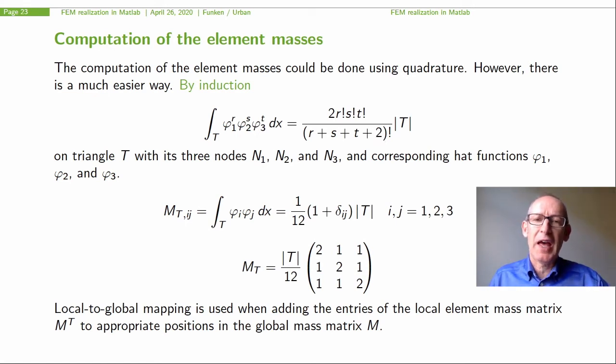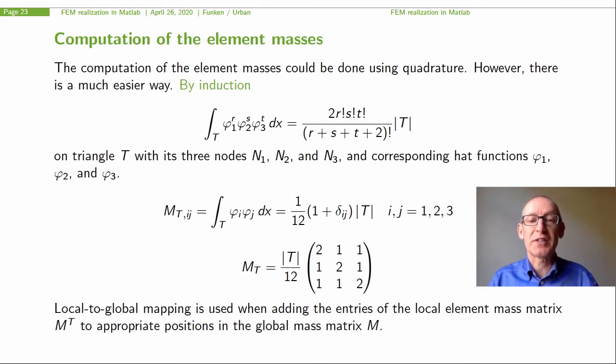Okay, and if we do the computations for all 9 combinations, so phi 1 times phi 1, phi 2 times phi 1, and so on, you will end up with this local mass matrix, local because it just belongs to one element.